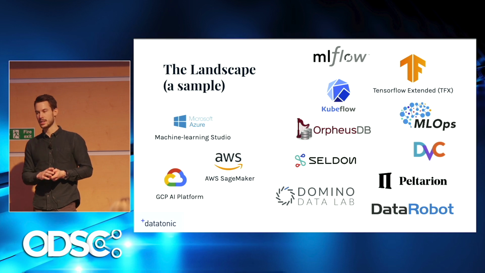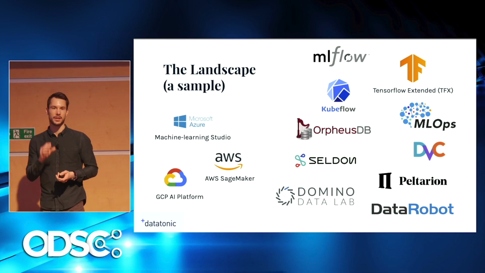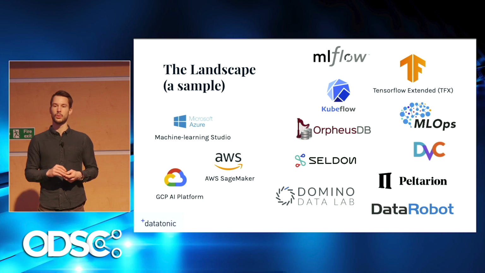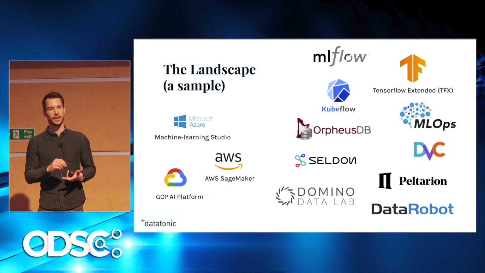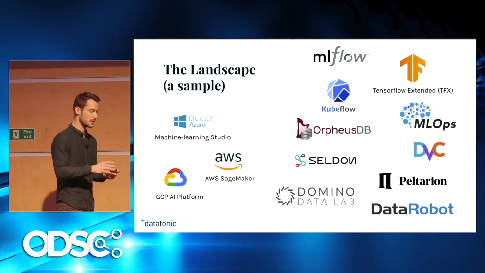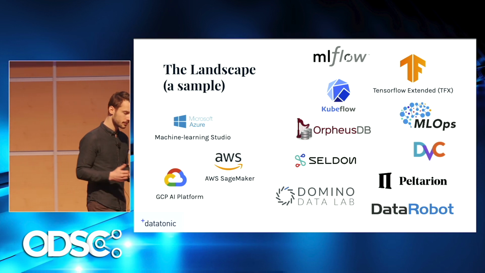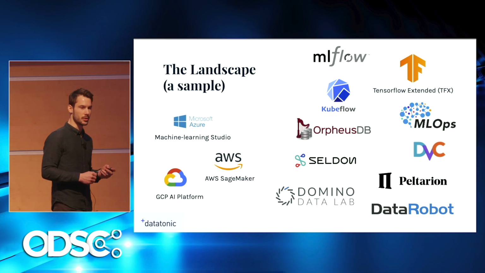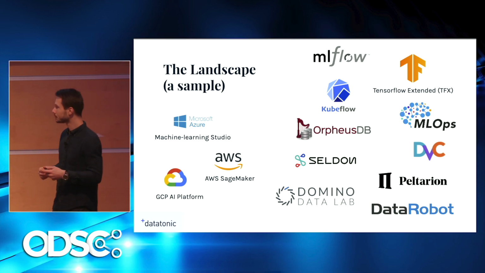Some others in that space, like Orpheus or DVC, take a specific stance and say we want to be tools to help with data and model validation. And they take a bit of a smaller slice and just provide functionality around that. And all these tools are actually open source at this top right corner.